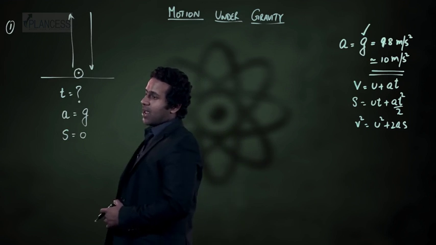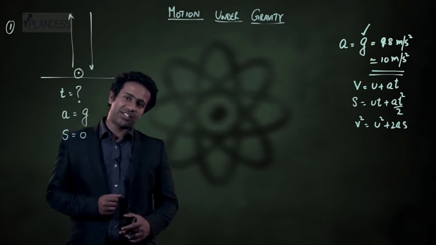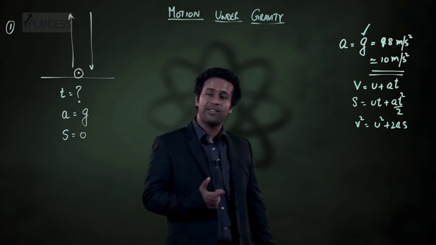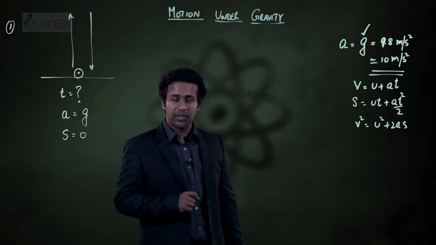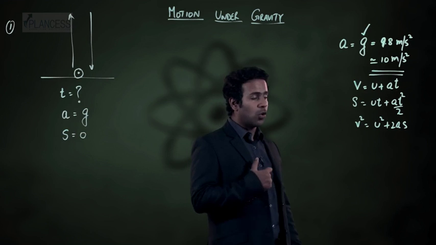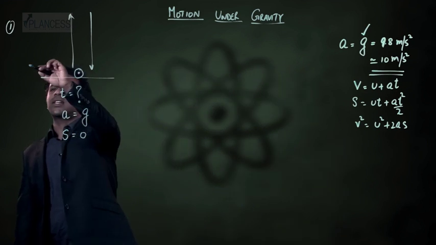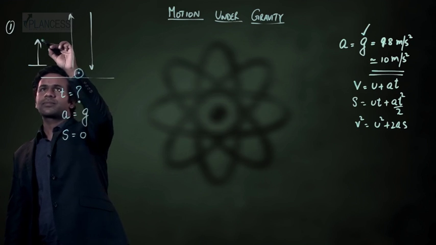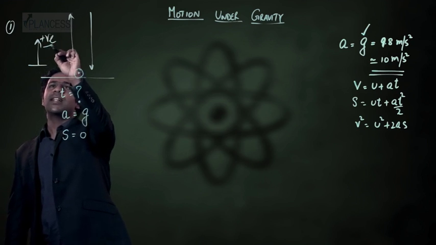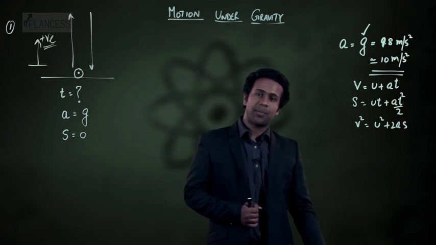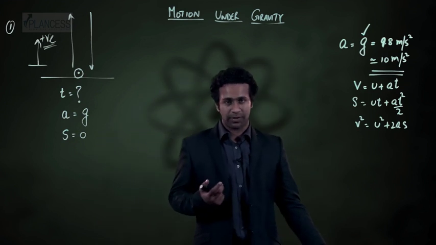Next comes sign convention. We know these are vector equations, and while substituting values, we must substitute them with sign. So, for sign convention, let's take upwards as positive. Let me remind you once again that it is completely up to you whether you want to take upwards or downwards as positive.